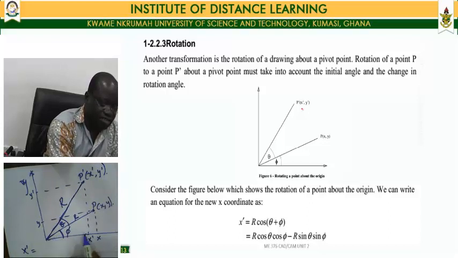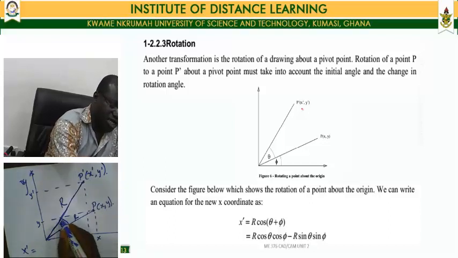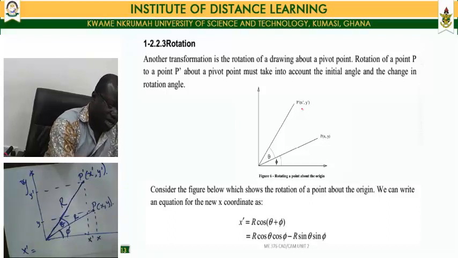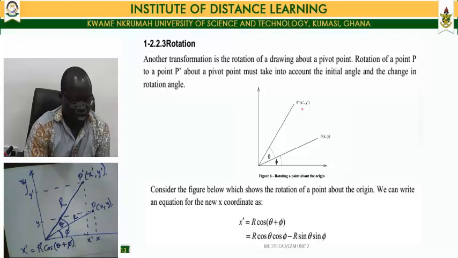So, adjacent is going to be given by r cos the angle that is sustained. The angle that is sustained this time is r cos the two angles combined, because this chord sustains the new angle of theta plus phi, or we can write it phi plus theta.